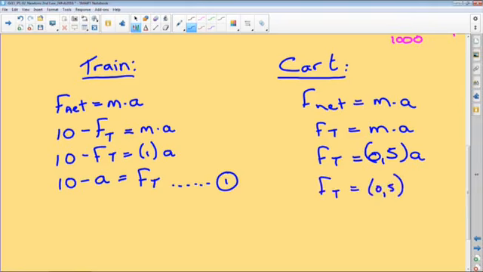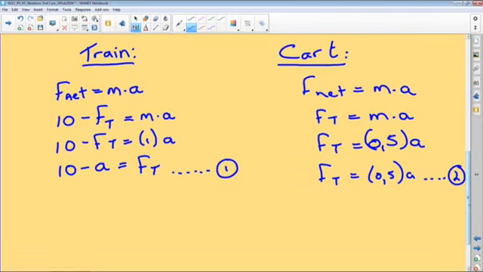I'm going to make it equation 2. What I'm then going to do is substitute 1 into 2. You can say add 1 and 2 or substitute 1 into 2.